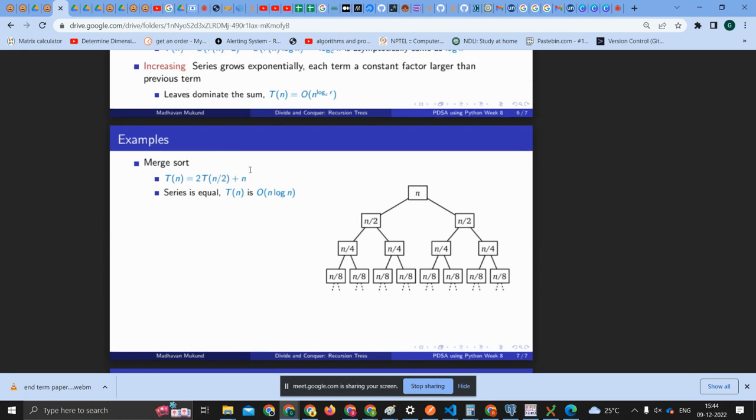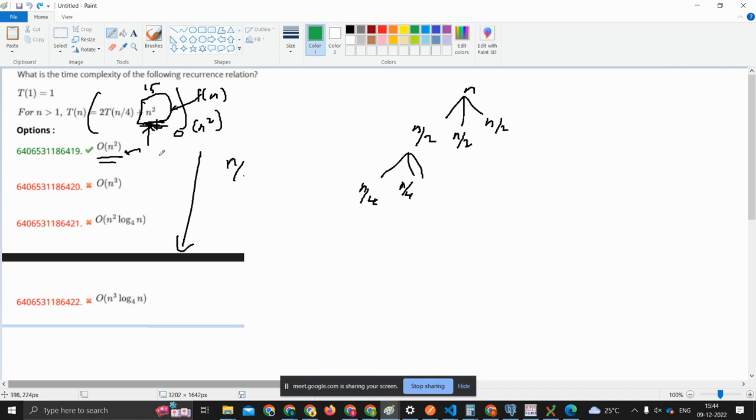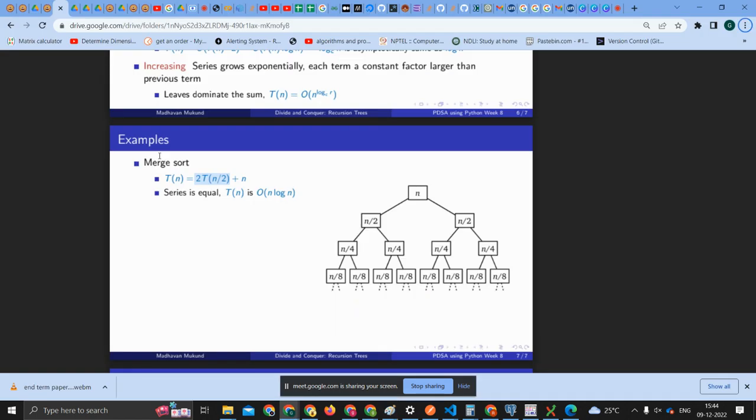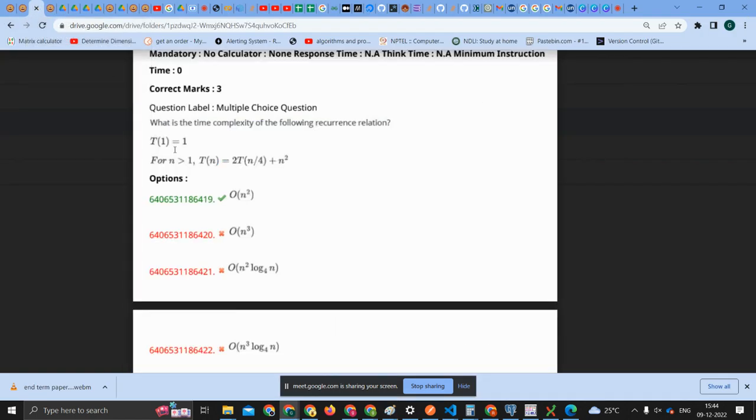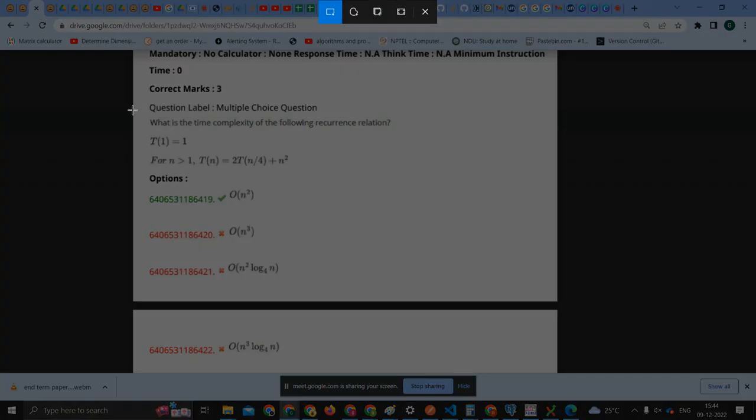What is f of n? It is n. So n multiplied by log n when it is equal, and that's why the complexity is n log n. Correct. Similarly, if we come to this question, we'll try to do this when it is the same.